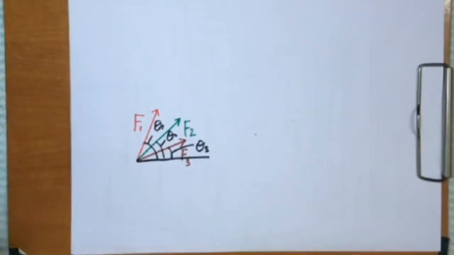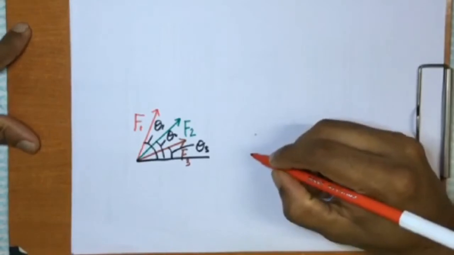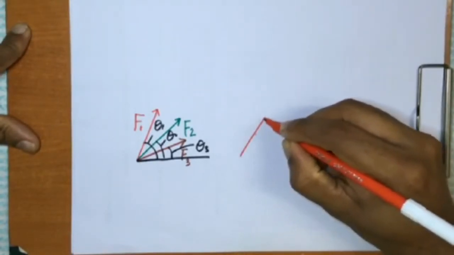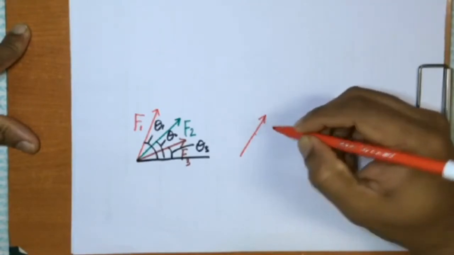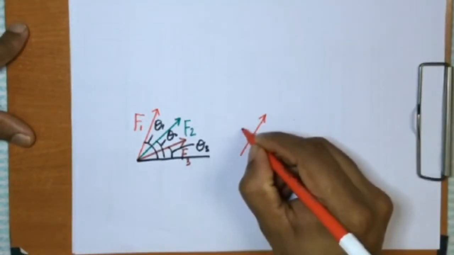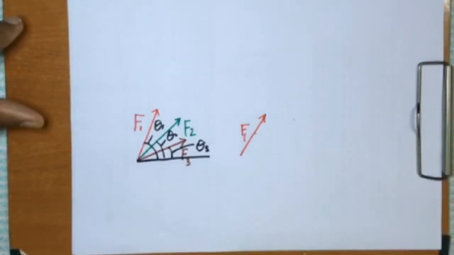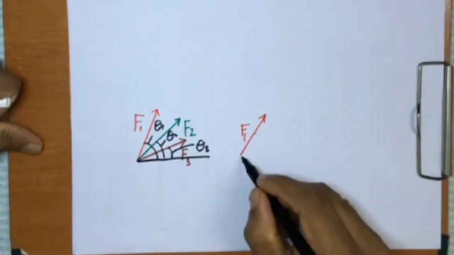So in that case, how do we add these vectors? We can go ahead with the polygon law of vector addition. Now, what is the polygon law? To understand that, let me put each of these forces one after the other on the head of the other one. Let us consider here the force F1 acting at an angle of theta 1.